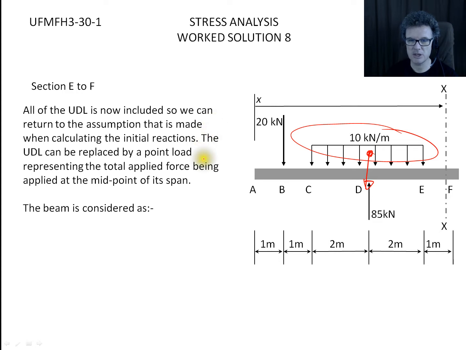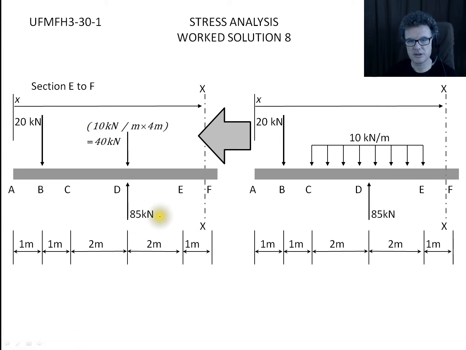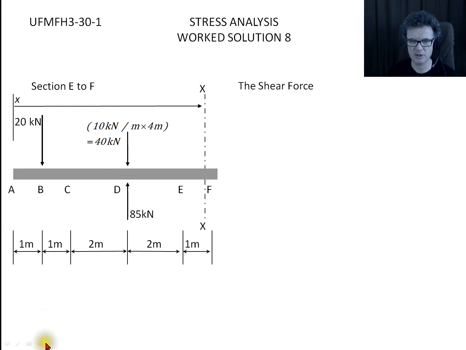The UDL can be replaced by a point load representing the total force, applied at the midpoint. The beam is considered as the same as this. So once you've gone past your UDL, you get rid of it and replace it with a concentrated load, which happens to be 40 kilonewtons in this particular case. I think this is vaguely looking like the previous example now.